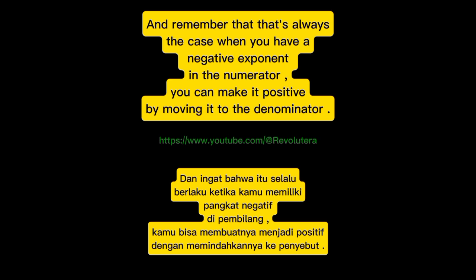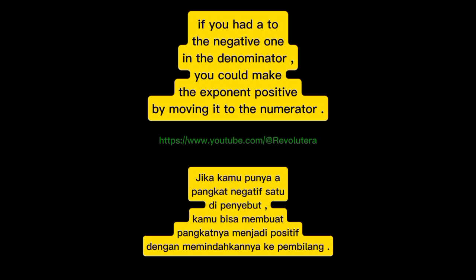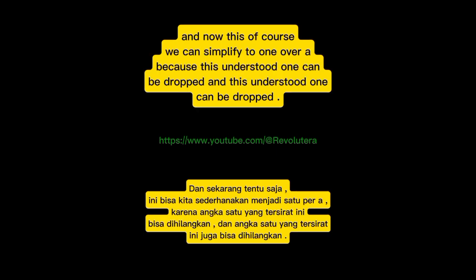And remember that that's always the case when you have a negative exponent in the numerator. You can make it positive by moving it to the denominator. If you had a to the negative 1 in the denominator, you could make the exponent positive by moving it to the numerator. And now this of course we can simplify to 1 over a, because this understood 1 can be dropped and this understood 1 can be dropped.